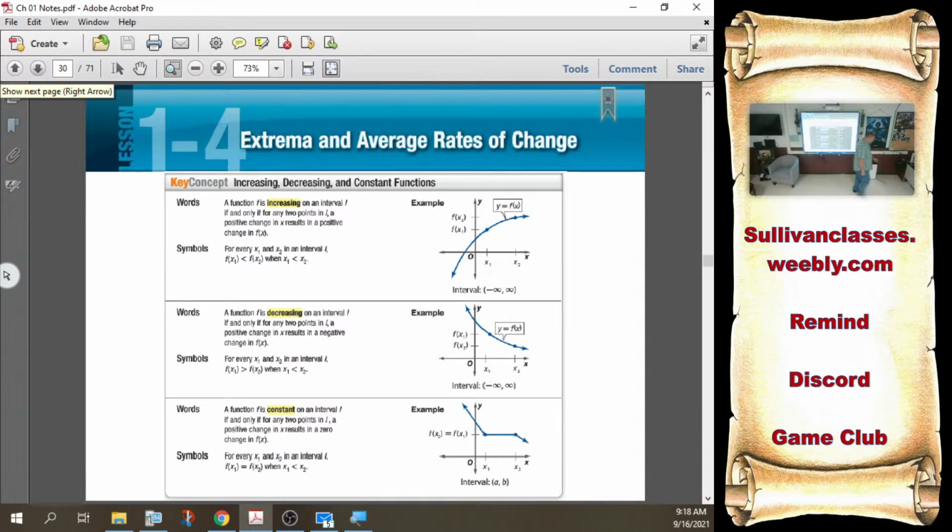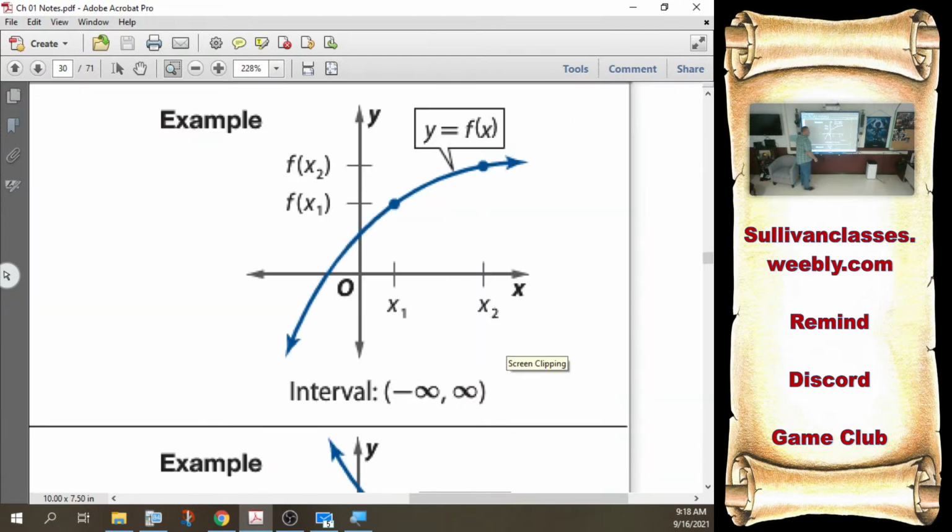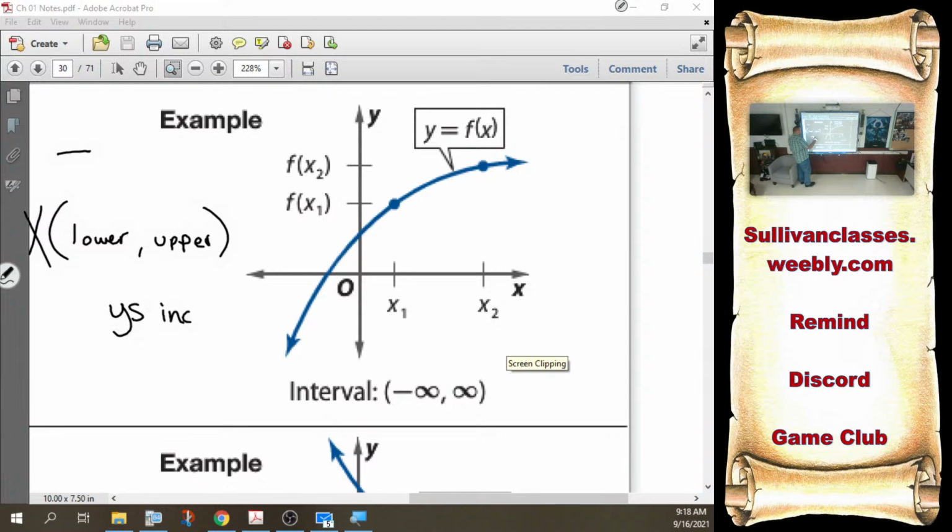Cool. Extrema. Y'all know what intervals of increase and decrease are because they're pretty obvious. An interval of increase says as my x's go from my lower boundary to my upper boundary, my y's increase.